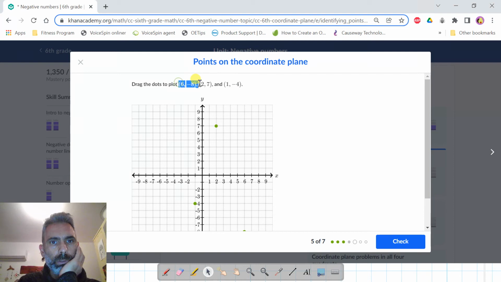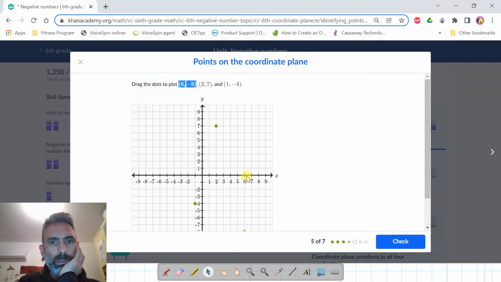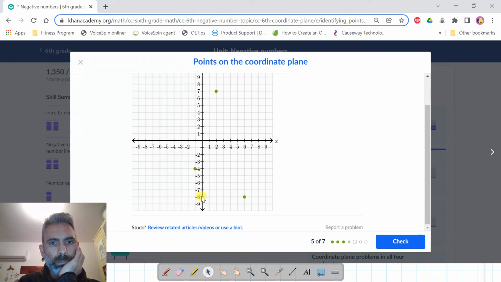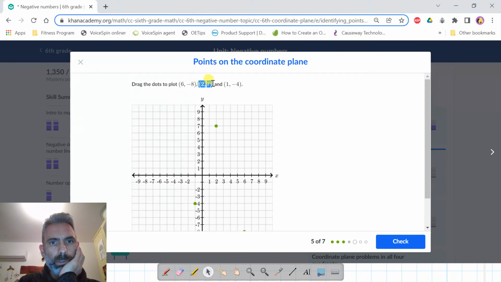Let's make sure. So 6 and -8. 2 and 7, and 1 and -4. Okay, 1 on the x and -4 on the y.